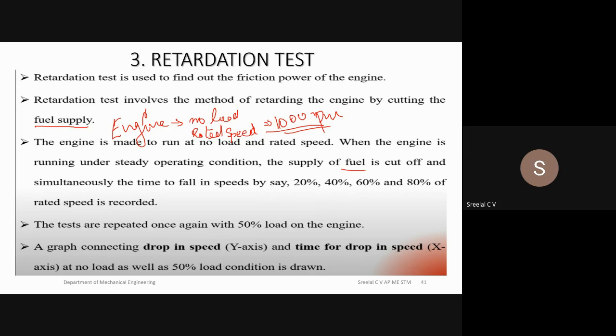That means, first we allow it to reach the rated speed, right? Then we cut the fuel, and we start taking the time till the speed of that engine reaches a 20% reduction in the rated speed.